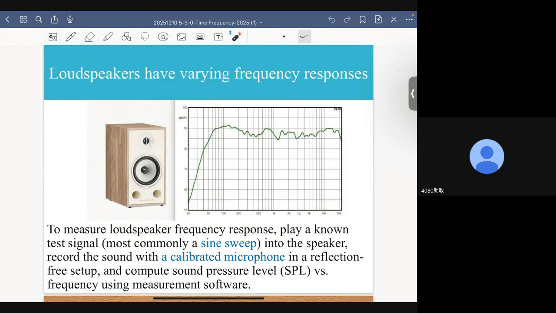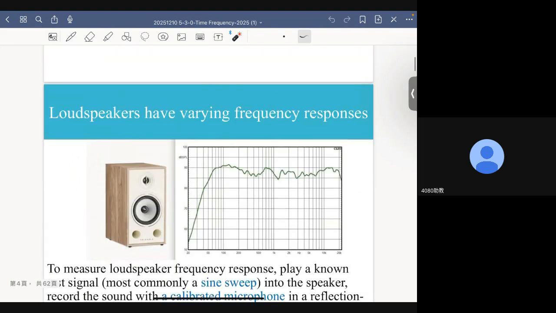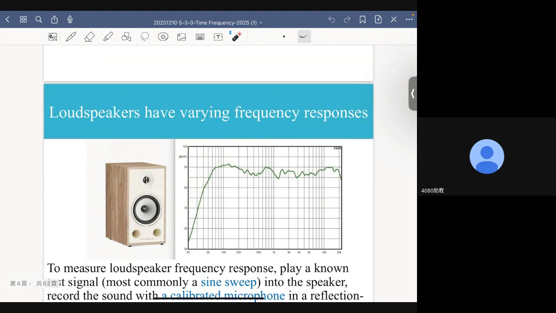So in this case, the -3 dB bandwidth definition doesn't seem appropriate, because the effective frequency range this loudspeaker can operate, can function normally, actually is in this range.